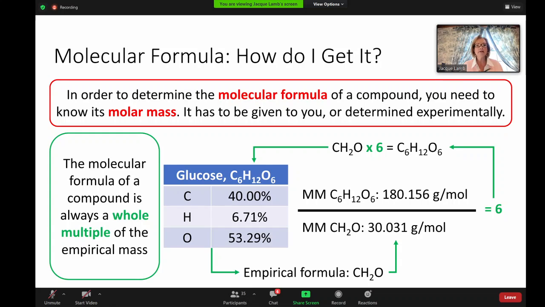You should get very, very close to a whole number. If the ratio comes out to be something other than a whole number or extremely close to a whole number, then you've made a mistake somewhere. I would go back and double check the empirical formula that you calculated. Somewhere in the calculation of your mass percents, you've made an error, and it's worth taking the time to go back and check.